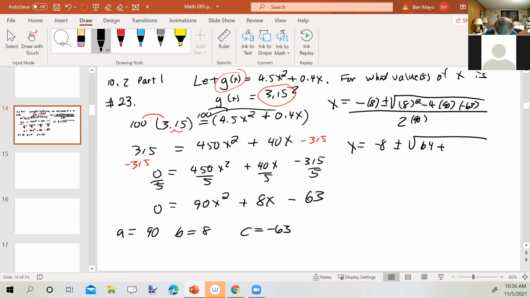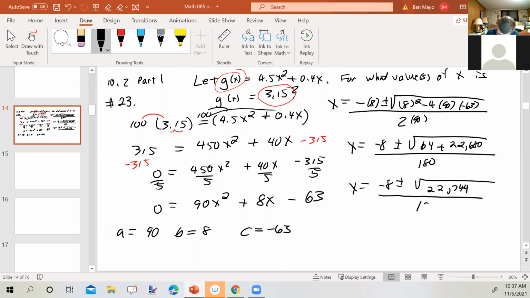We get a positive 22,680, all over 2 times 90, which is 180. So x equals negative 8 plus or minus the square root of 22,680 plus 64, which is 22,744, all over 180.